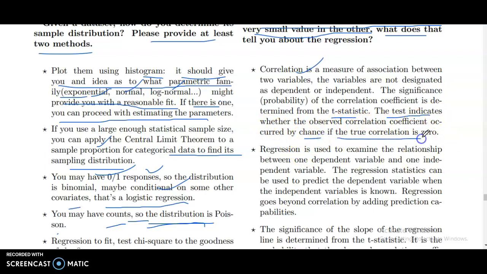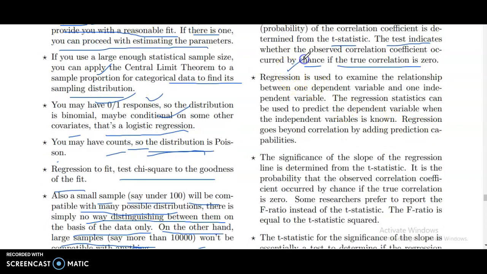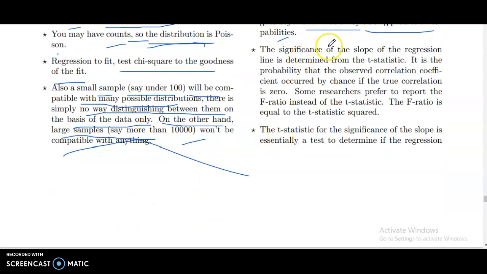If the true correlation is zero, regression is used to examine the relationship between one dependent variable and one independent variable. The regression statistics can be used to predict the dependent variable when the independent variable is known. Regression goes beyond correlation by adding prediction capabilities. The significance of the slope of the regression line is determined from the t statistic.